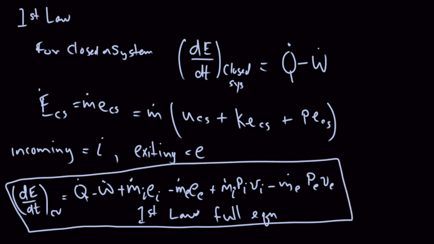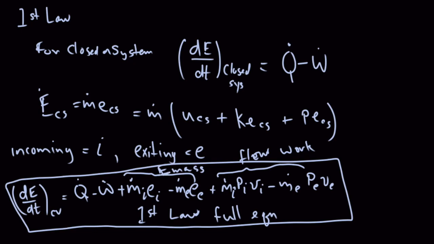All right, and we know that this component here is what we call the flow work. And this section here is the E mass, the energy associated with the mass.